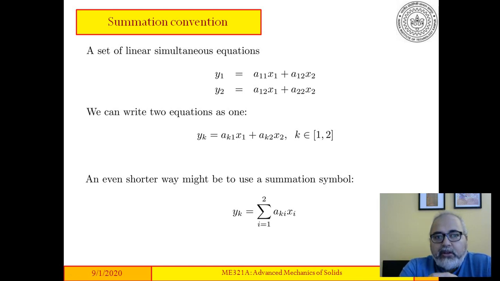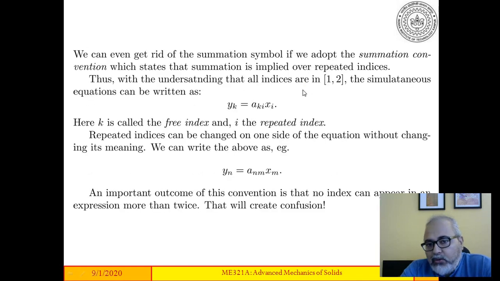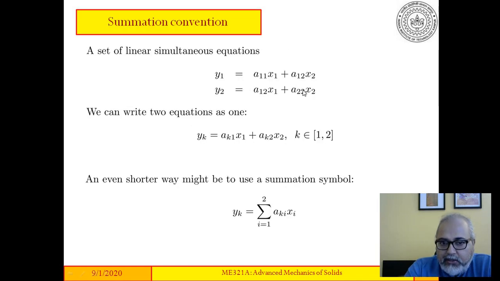Okay, the summation convention. So consider a set of linear simultaneous equations. Let's start with this. I have a quantity y1 and a quantity y2, which are given as linear combinations of two other quantities, x1 and x2, in this fashion. a11, a12, a21, a22 are coefficients that are known to us.